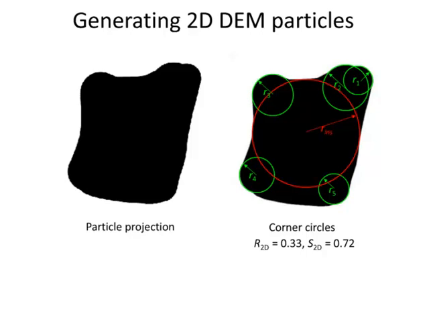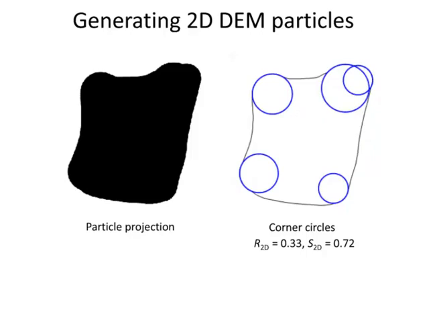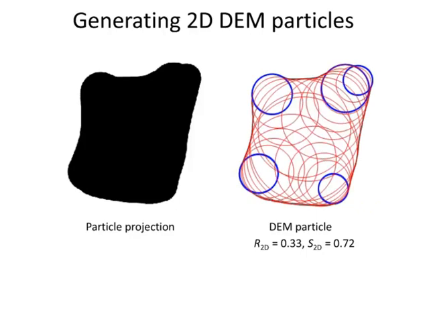So when we wanted to create a discrete element particle, we preserved those corners that were found by our definitions of roundness, and we filled the rest of the particle with circles that are tangent to the perimeter of the particle. And this created what is called a cluster particle that could be used in discrete element modeling.